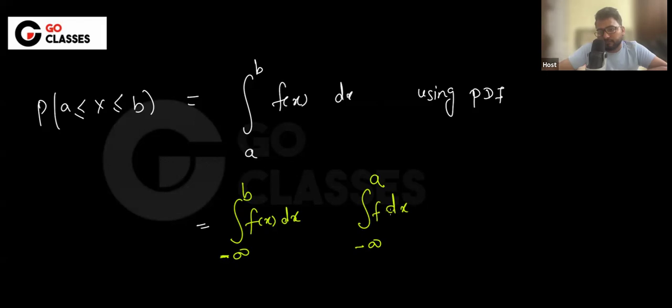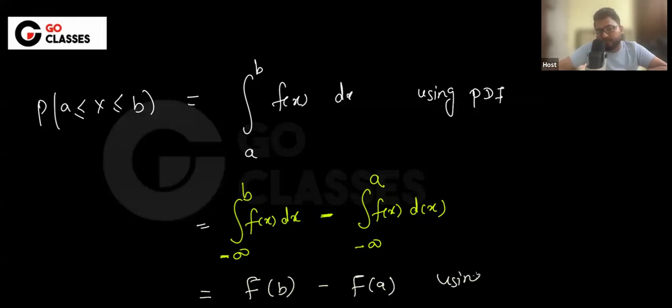Maybe you can understand it like this: using the PDF itself, you go from the starting to B, and then from the starting to A, which is nothing but the CDF, which means F of B minus F of A. So using the CDF, you can do it like this. Understood?